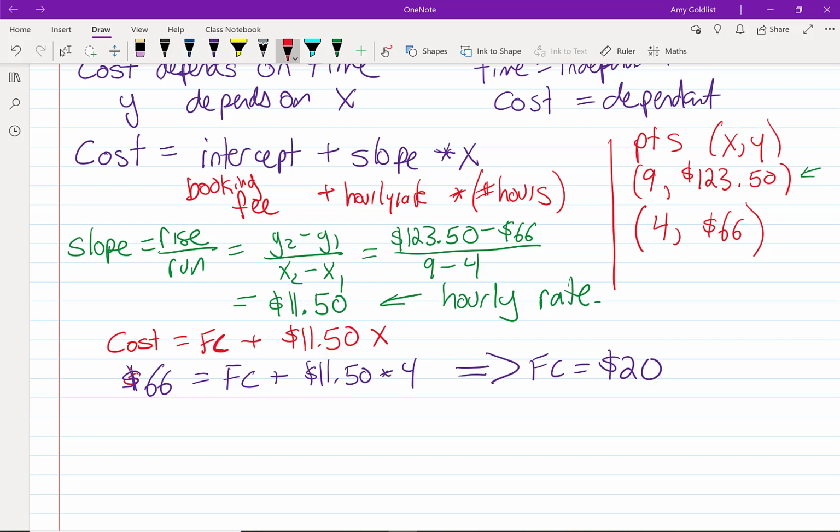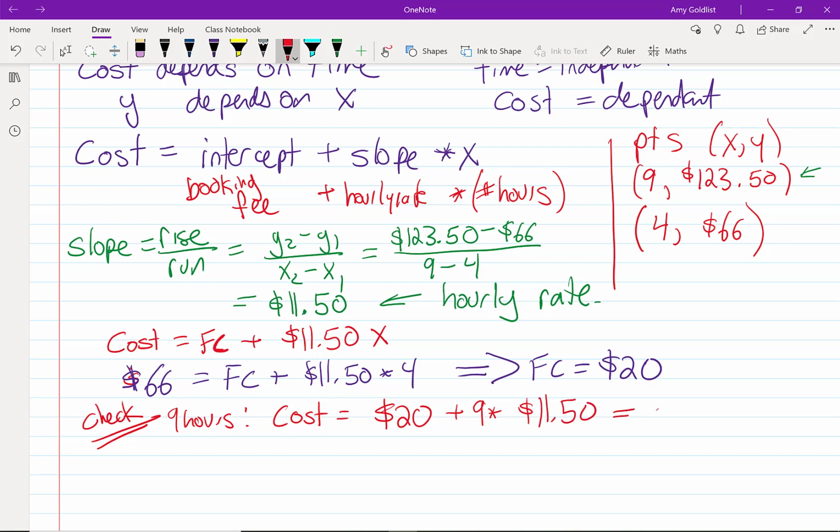Another important thing to do is to check. So I put in the second point, so let's try the first point. So if I put in 9 hours, the cost will be, I've said I had a $20 flat rate plus 9 hours times $11.50.